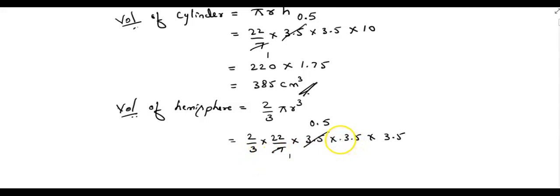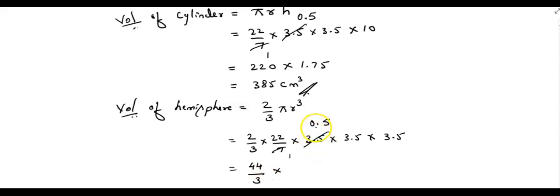No, it doesn't go. So what we should do now? Can you check what has to be done? Okay. Now what we can do? 2 into 22 is 44 divided by 3. Okay. 44 by 3 into.